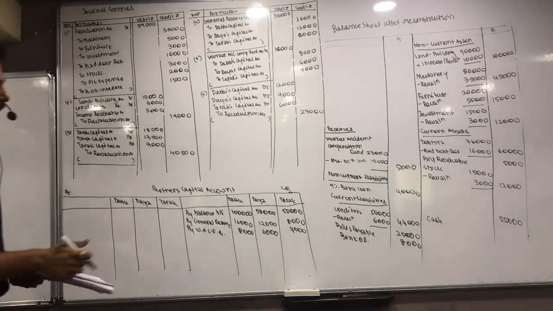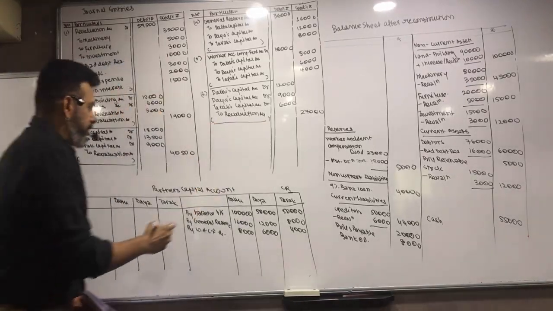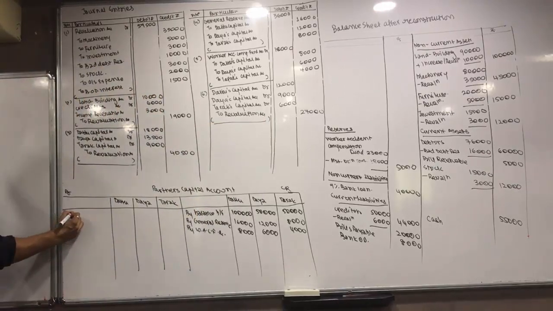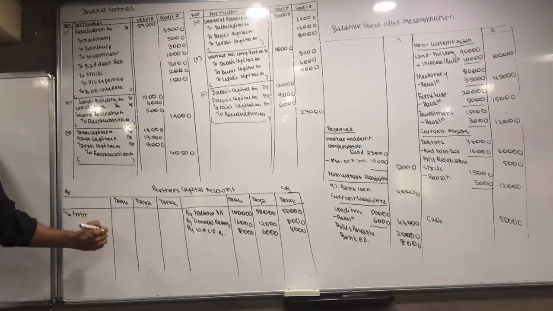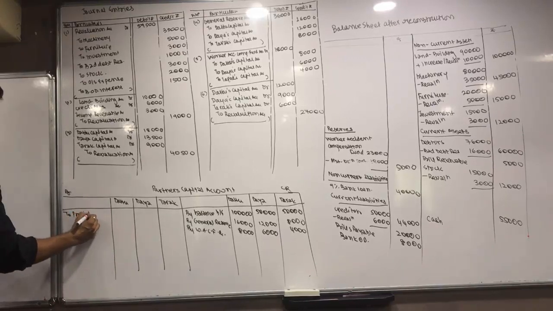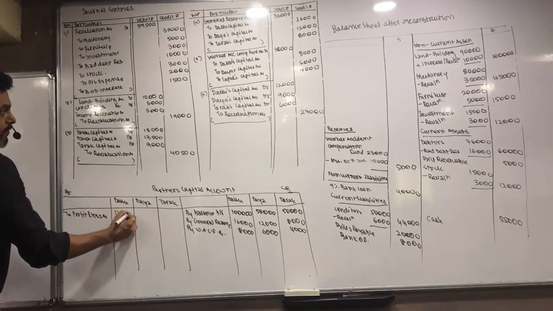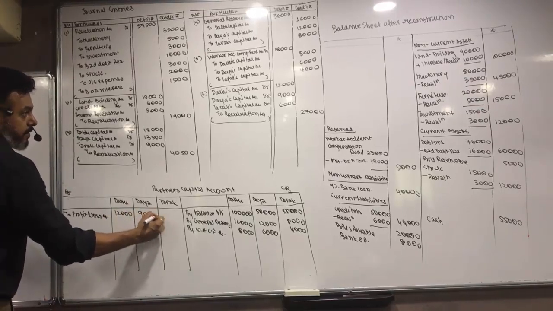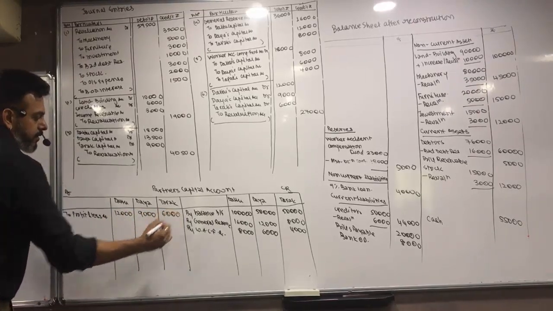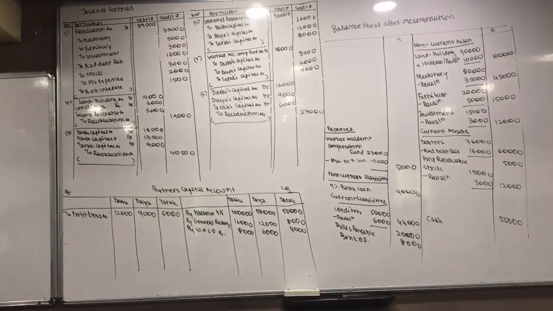Now post this to the capital accounts: 12,000, 9,000 and 6,000.